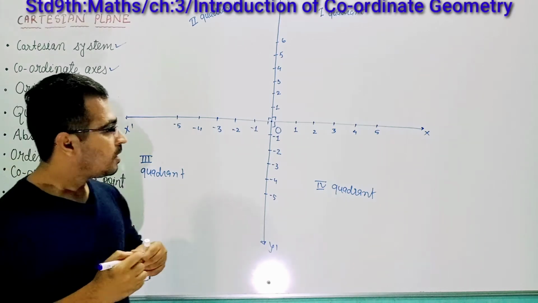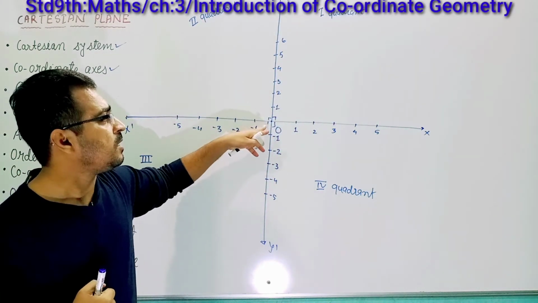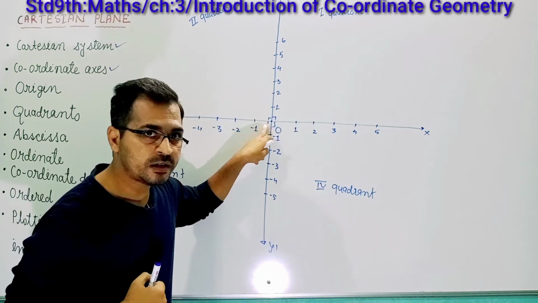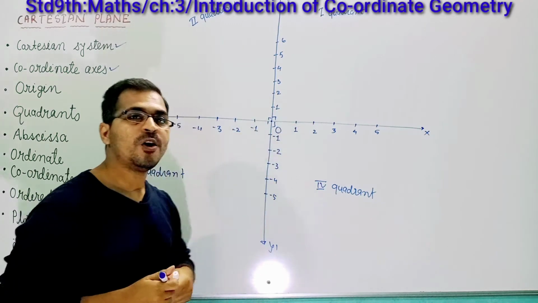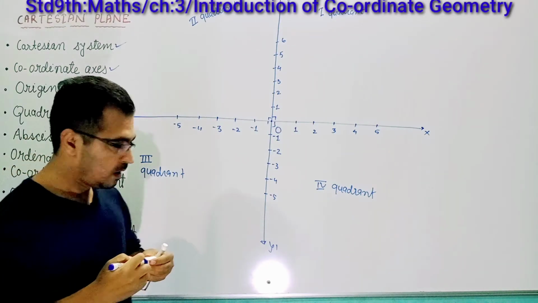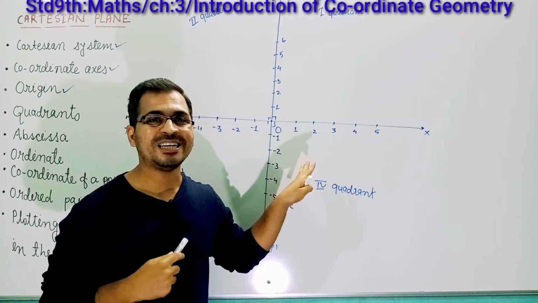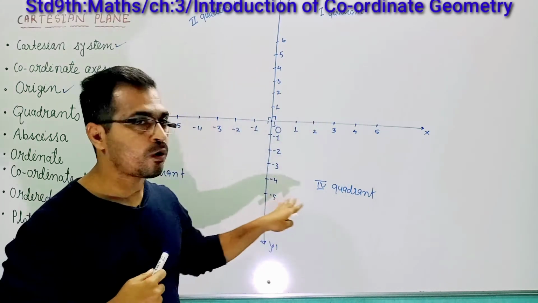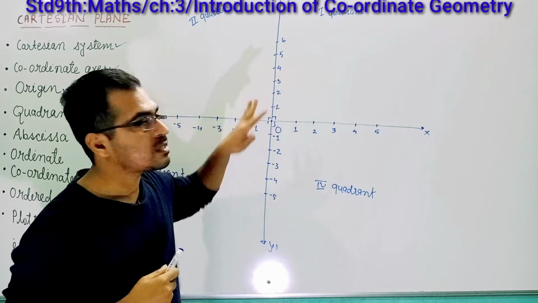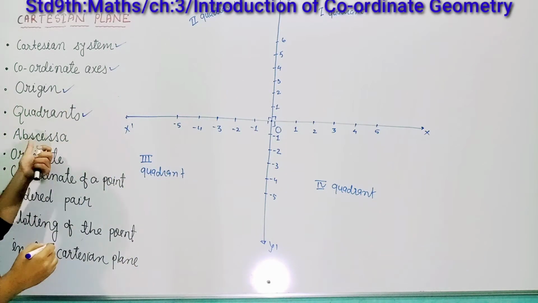Origin. The x-axis and y-axis intersect at a point. That point is known as the origin. So this point is also clear. Quadrant. By two perpendicular lines which intersect each other, the plane is divided into 4 parts. Those 4 parts are known as quadrants. So the quadrant point is clear.